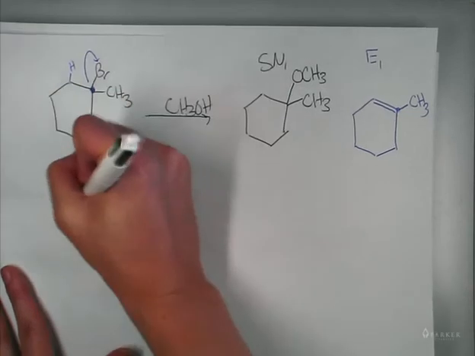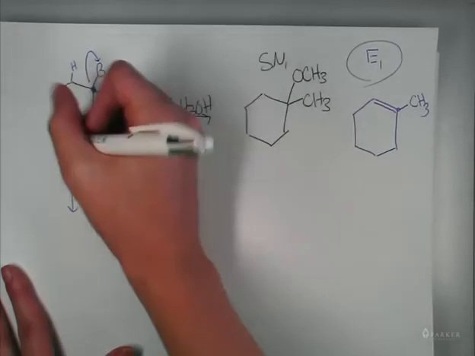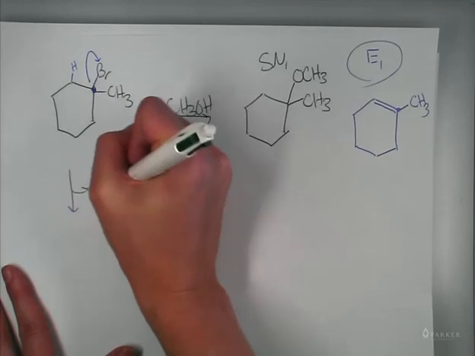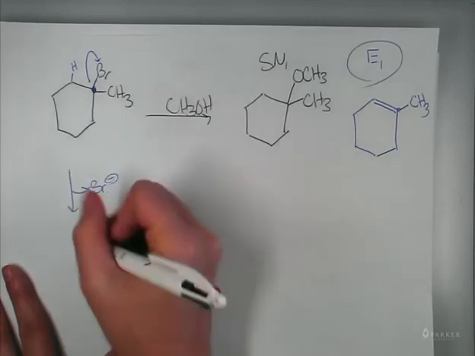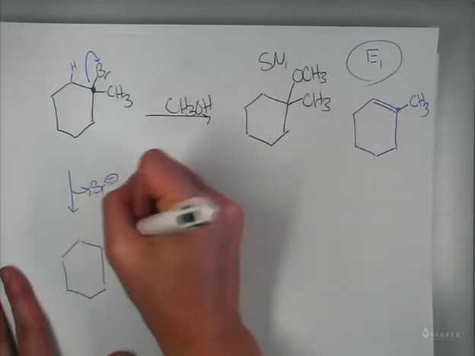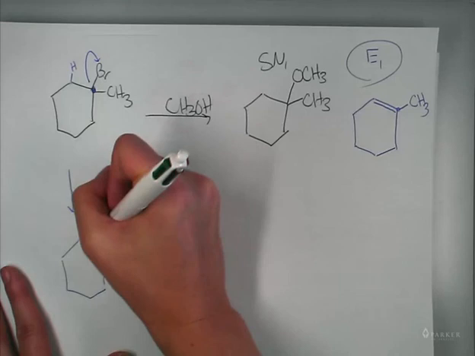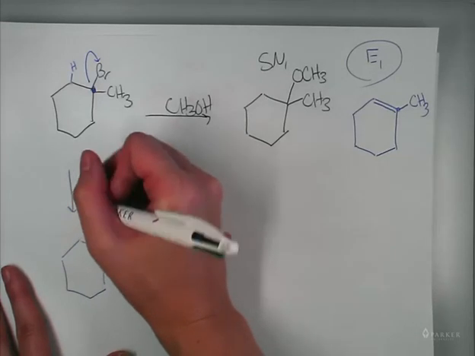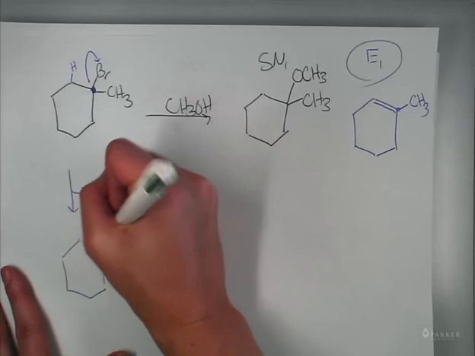Leaving group leaves. And we're going to do the E1, not the SN1. And what's in its place? What's on that carbon now? A what? What charge? Positive.